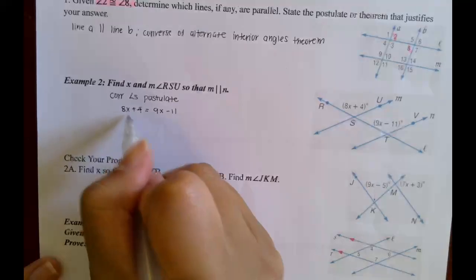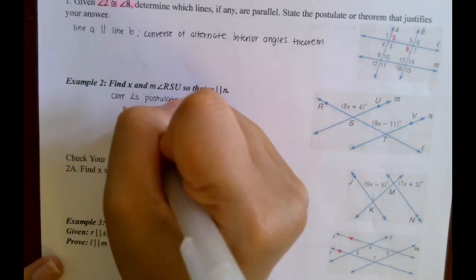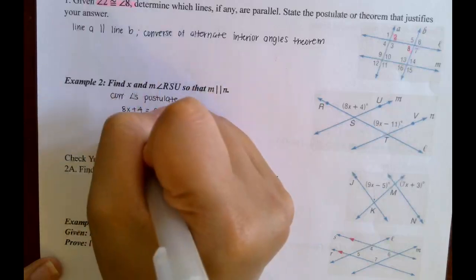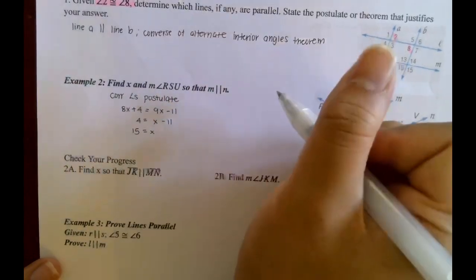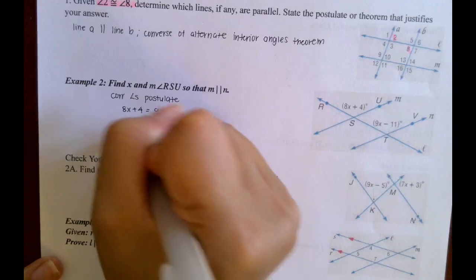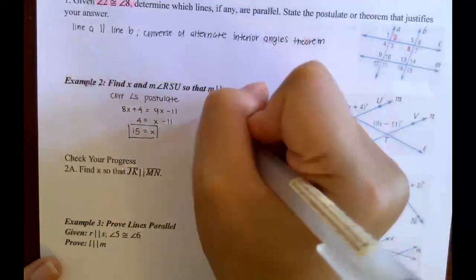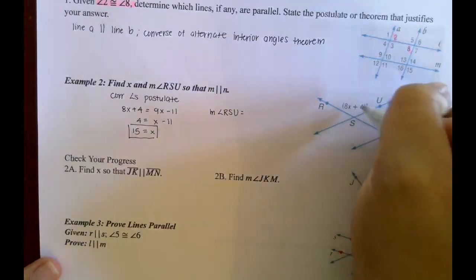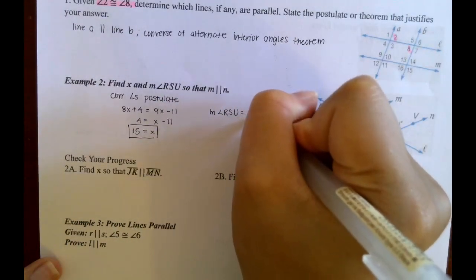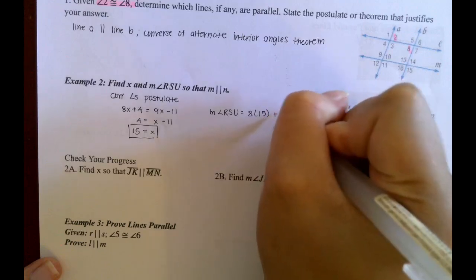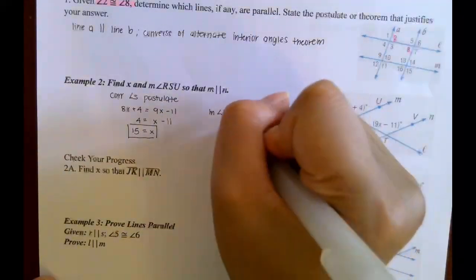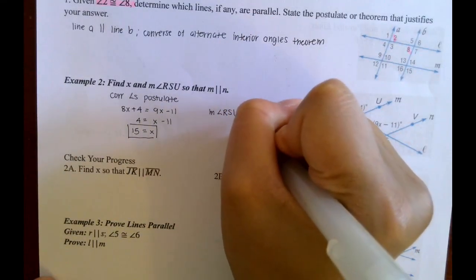Right? I'm going to subtract 8x on both sides. That gives me x minus 11. I'm going to add 11 on both sides. That gives me 15 equals x. So that's part of my answer. And then now, since angle RSU is 8x plus 4, and I know that x is 15, I can substitute 15 in. 8 times 15 is 120.